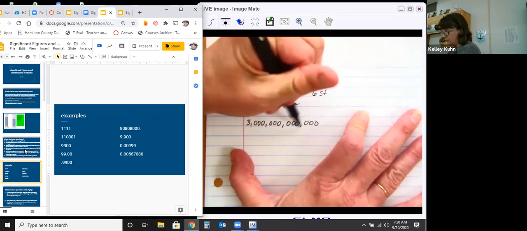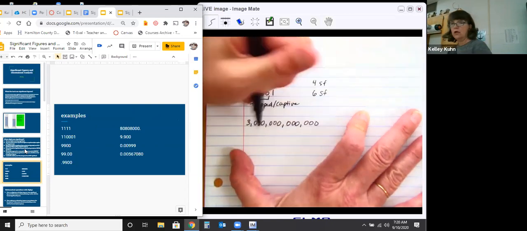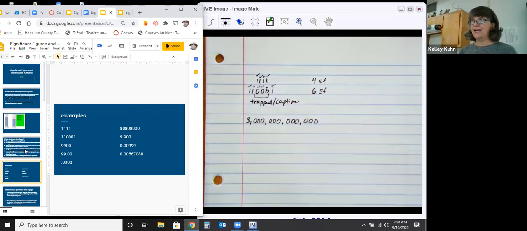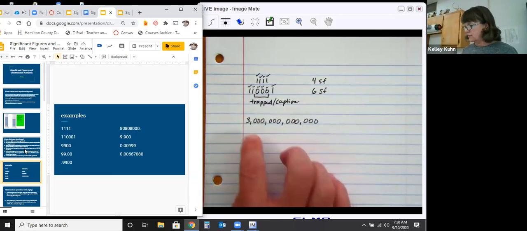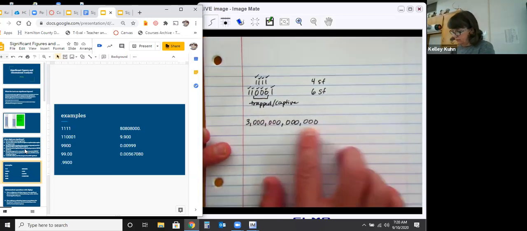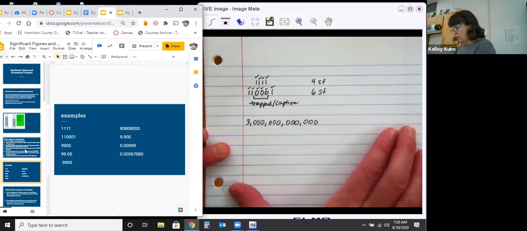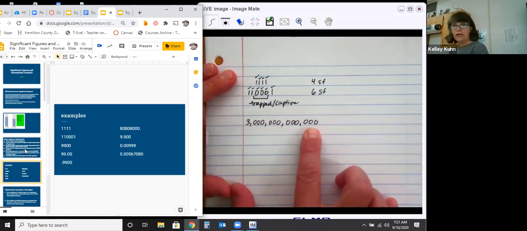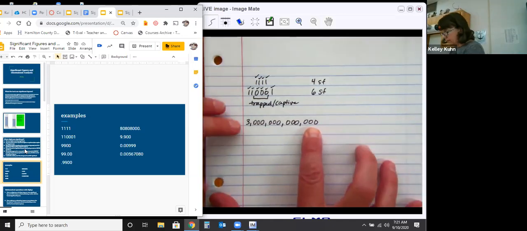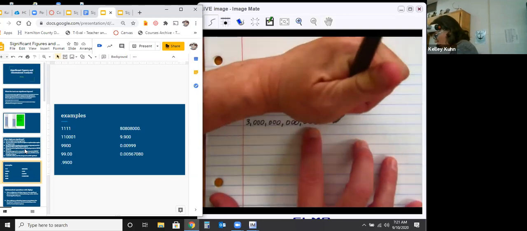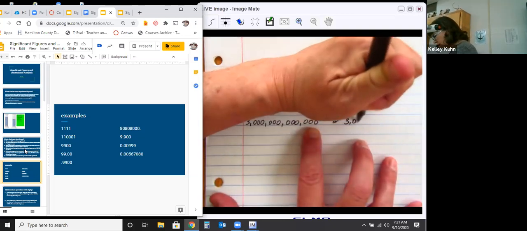During the quarantine, we had a $3 trillion stimulus, right? In this number, these are all trailing zeros. I can write this number two ways because it's dollars: I can write it this way, or I can write it this way.